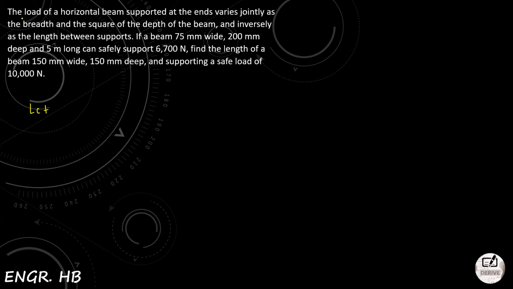Sabi, meron tayong load dito. A horizontal beam supported at the ends varies jointly as the breadth. So pwede natin sabihin small b for breadth. The square of the depth of the beam. So meron tayong breadth here and meron din tayong depth here. So that will become depth. And inversely as the length between supports.